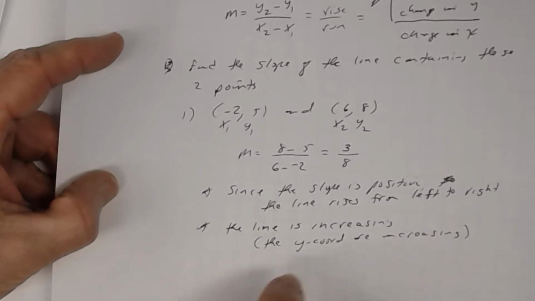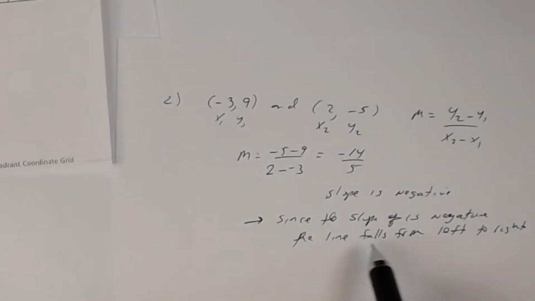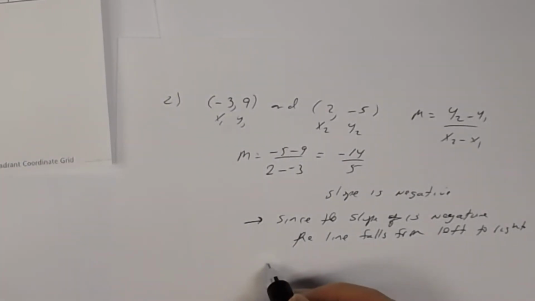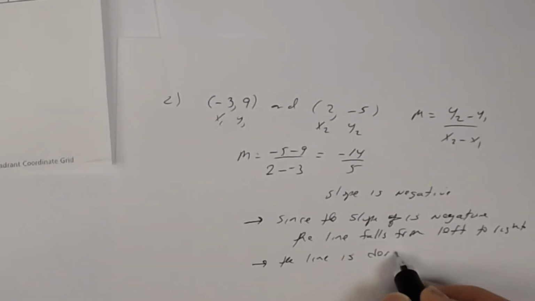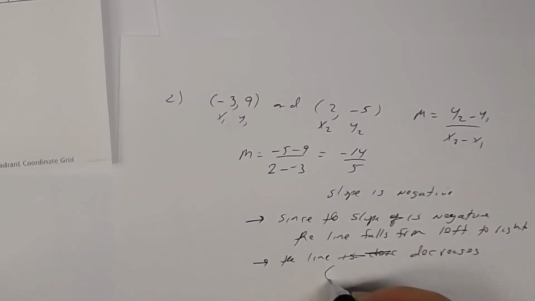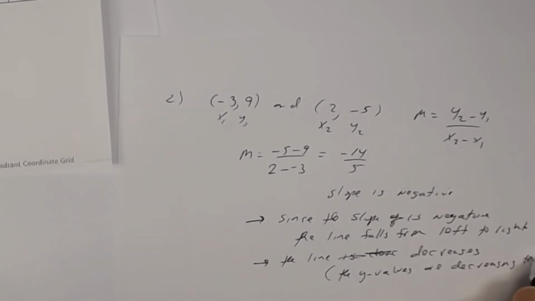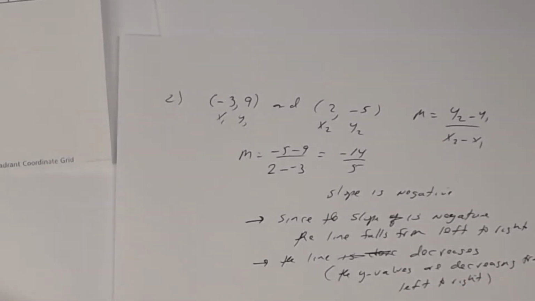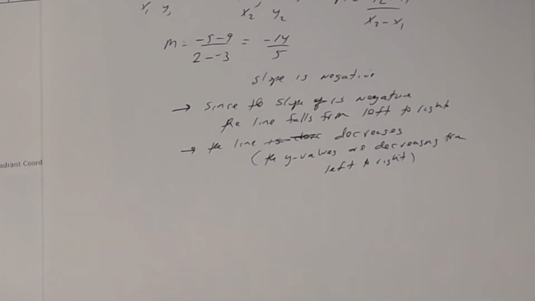Here, since the line falls from left to right, that means that the line decreases, which means the y values are decreasing, becoming smaller from left to right.